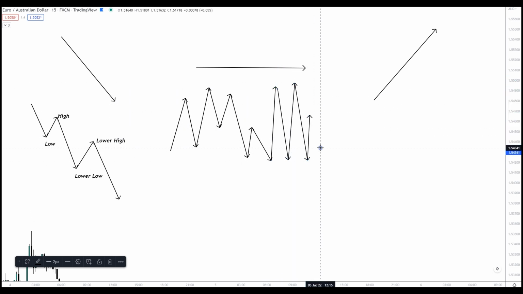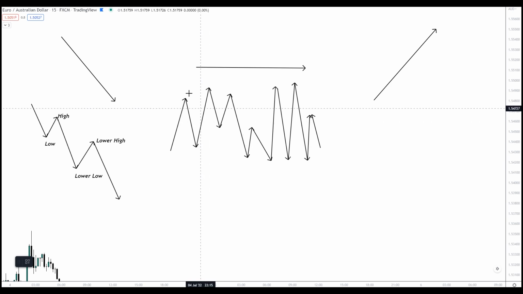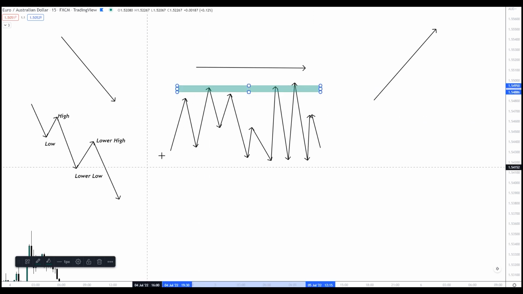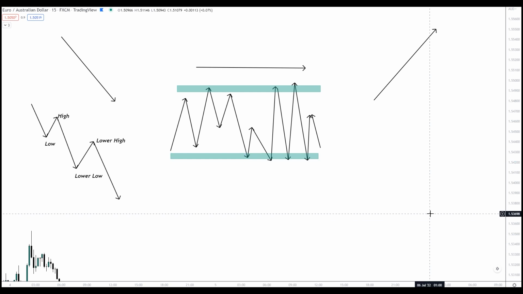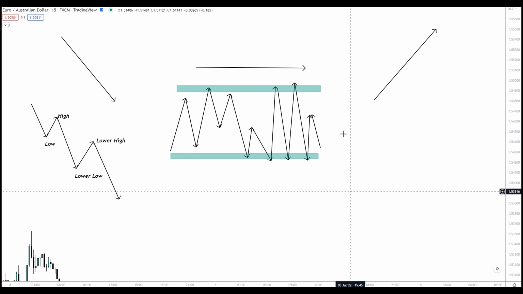You are going to have different highs at different points, etc. So overall, there is no real direction within the market. Price is almost bouncing between two support and resistance areas. And we will in the future do a video on support and resistance. So that is simply a ranging market.